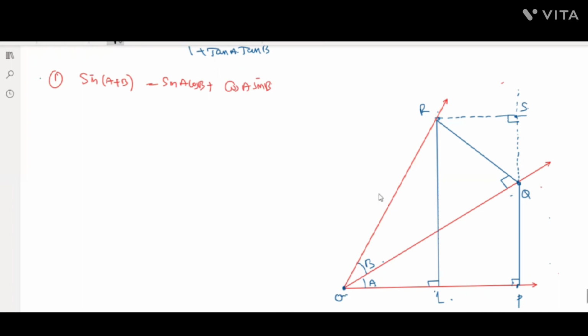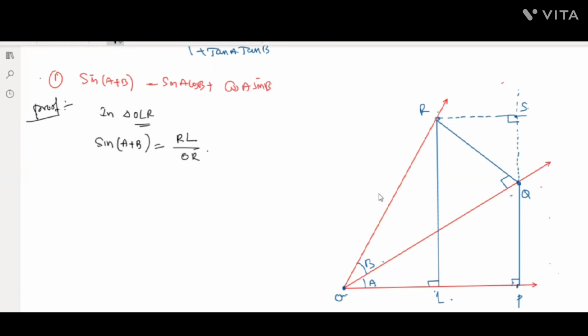If you see the proof for this one, we need sin(A+B). A+B will come from triangle OLR. So in triangle OLR, sin(A+B) I can take as RL by OR.